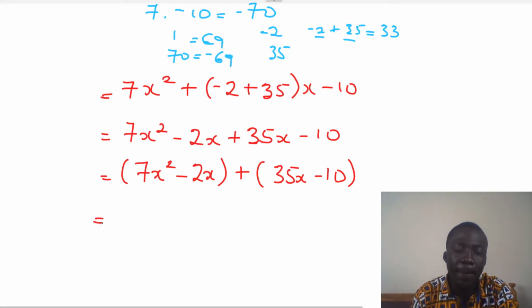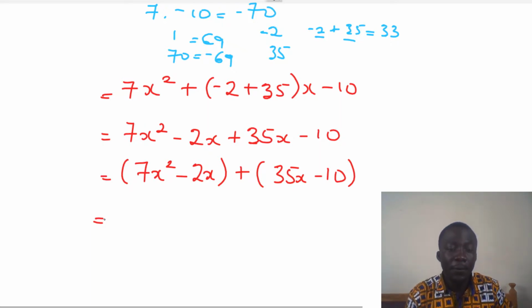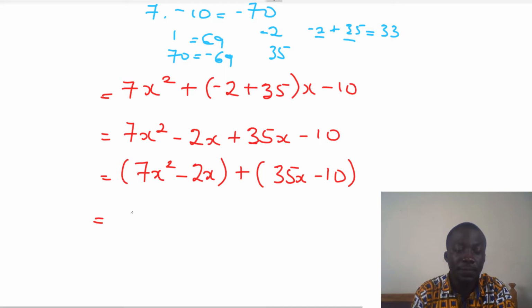In our next step, we factorize. We find the common factor between 7x squared and 2x. The common factor will be x, because here we have x squared and x, so we can factor x out. Then we open our bracket.